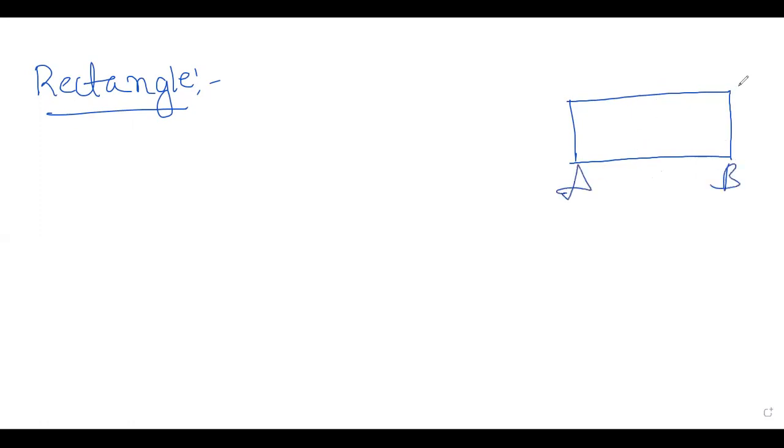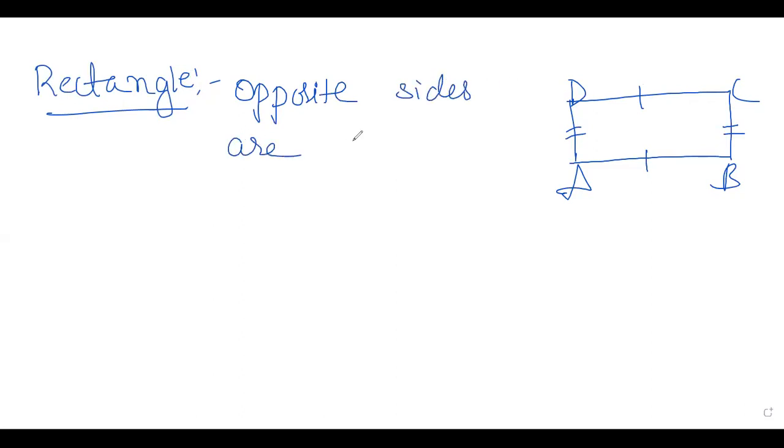AB, CD. AB ಗೆ opposite ಯಾವ್ದಿದೆ? CD. BC ಗೆ opposite side ಯಾವ್ದು? AD. And AB is equal to CD. BC is equal to AD. So what can you write here? Only opposite sides are equal.